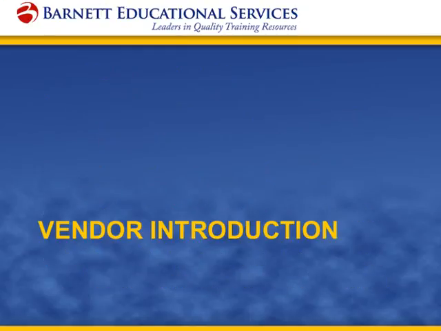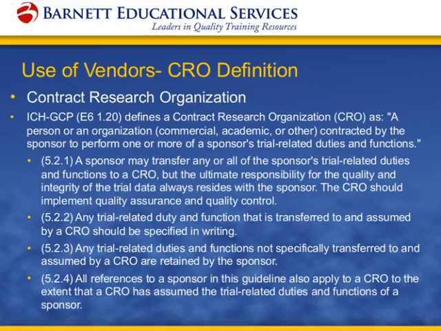So let's talk about vendor introductions. We've set the framework for the different categories that vendor management covers. Contract research organization is what a CRO is. And oftentimes we think of a CRO as only the group that manages data, or the group that only goes out and does the monitoring.